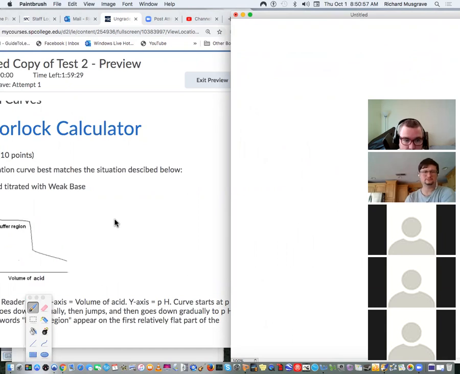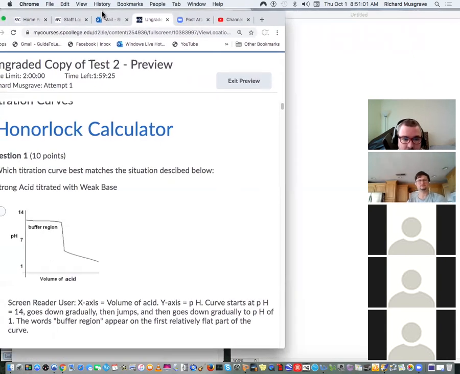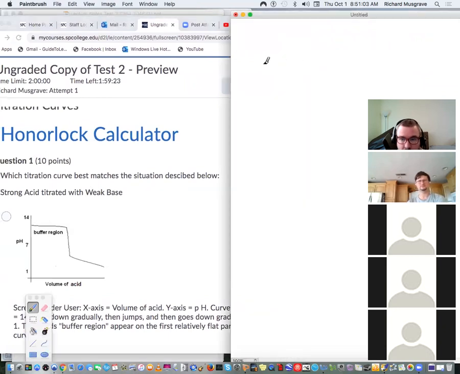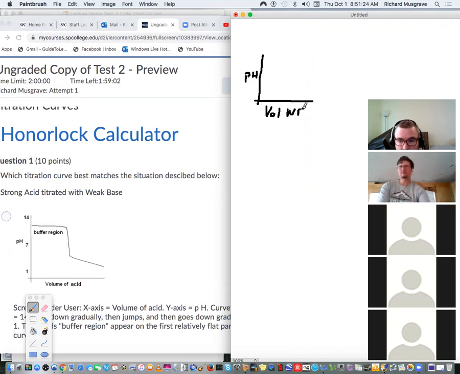What I would do is not look at the answers yet. I wouldn't look at any of the answers, to be honest. I think they might try and mislead me. So I'd just try and come up with the titration curve first and then match it at the end. So let's have pH, and in this case we're titrating strong acid with weak base, so the volume of weak base goes along the bottom.